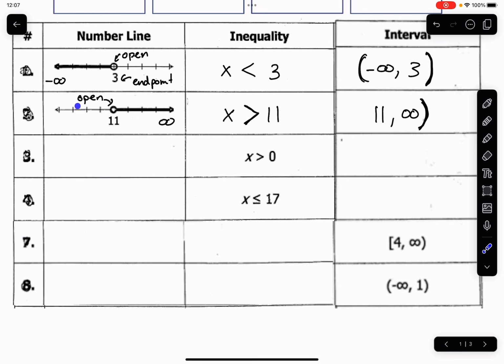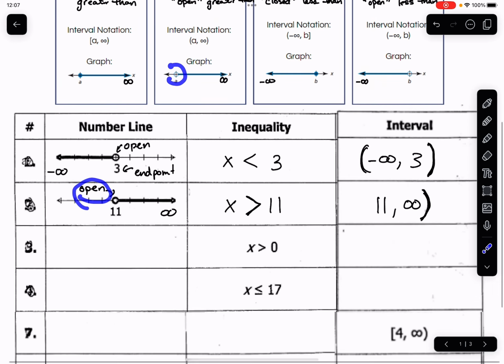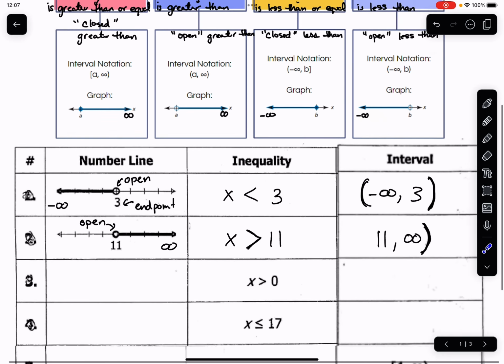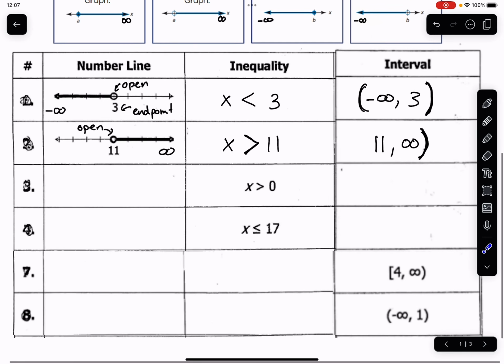Again, just to review, because it's an open circle, like on this diagram right here, we're going to use the parentheses, the open greater than symbol, and that means we have to use parentheses on the endpoint. So here, our value of a is 11, so we're going to use again our open parentheses. So this will be the interval notation that represents this number line.